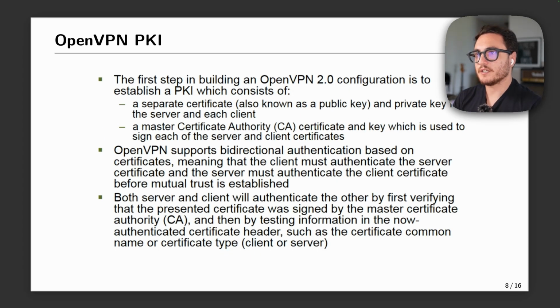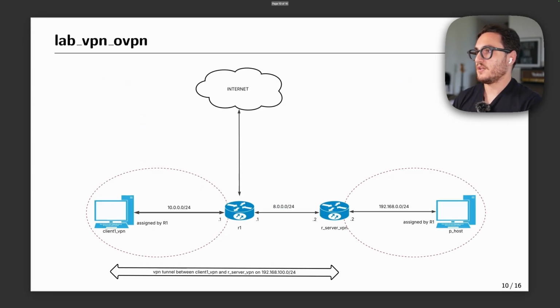And the first step in building an OpenVPN is to establish a PKI. In particular, the first step is to build a certification authority that then is going to assign and issue certificates for all the hosts that are going to participate in the network. And the network is going to be like this. We're going to have R1 that is connected to the actual internet, because we're going to have to download some packages.